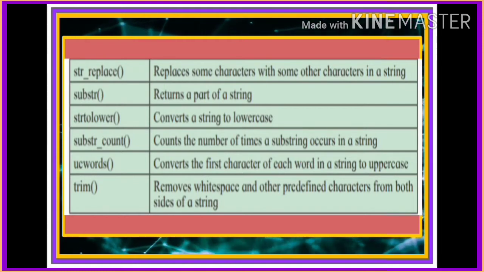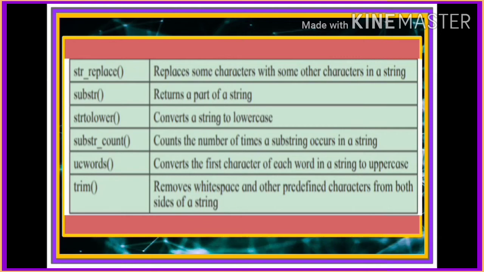Next one is substr_count. This function counts the number of times a substring occurs in a string. Next is UC-words function. It converts the first character of each word in a string to uppercase. And last function is trim function.